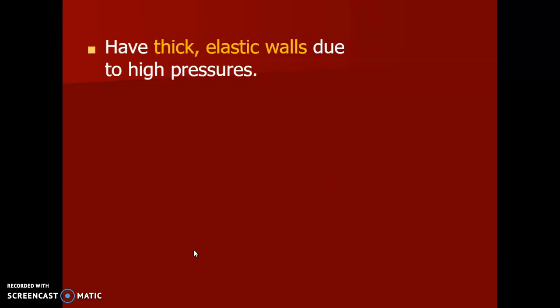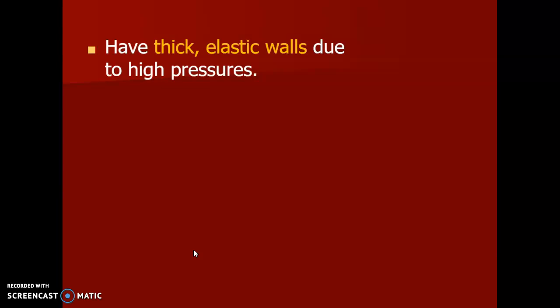Those walls are thick because when the heart beats, it pushes blood out of the heart into the arteries, because remember, arteries carry blood away from the heart. Since arteries come out of the heart, each time that heart beats, it forces blood out, and that raises the blood pressure. So the artery walls have to be thick or they could burst. They're also elastic. They can stretch and expand.